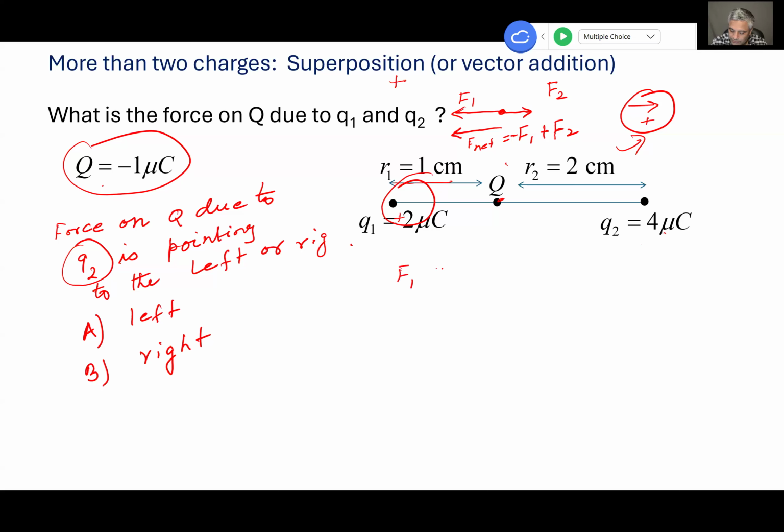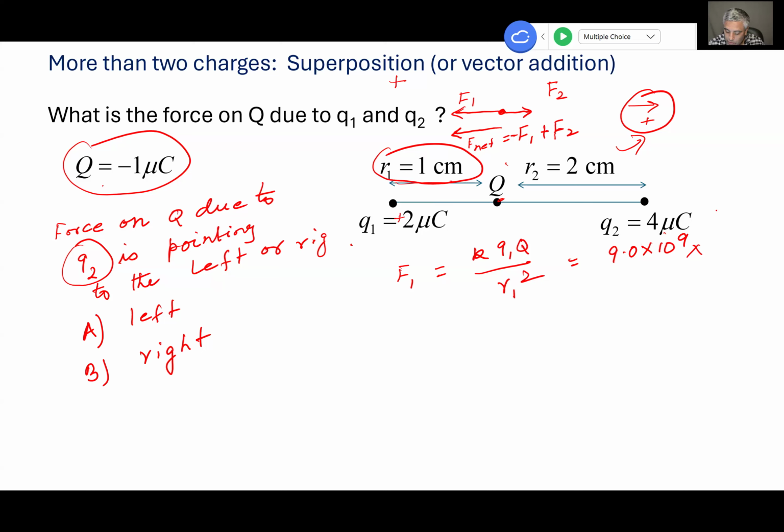So F1 is k Q1 Q2 over R1 squared. So k is 9.0 times 10 to the power positive 9, I'm going to write 9.0 rather than 8.99.